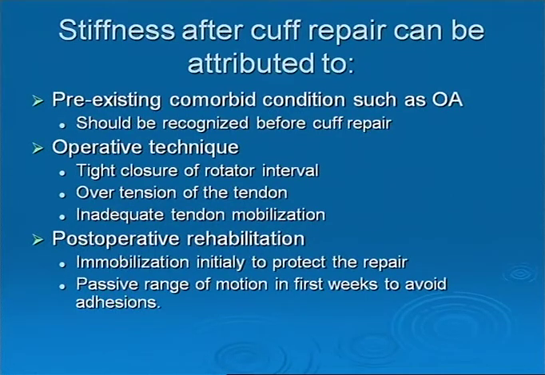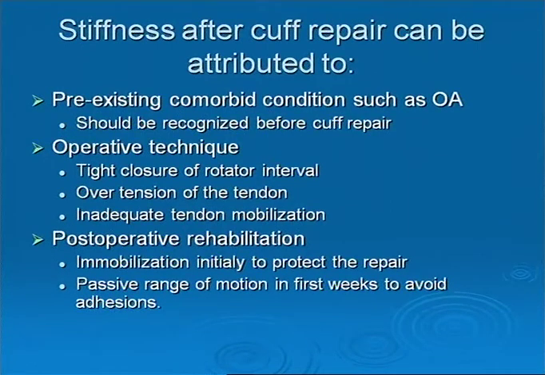Or it may be due to operative techniques like tight closure of the rotator interval, overtension of the tendon, or inadequate tendon mobilization. And it might also be due to postoperative rehabilitation.